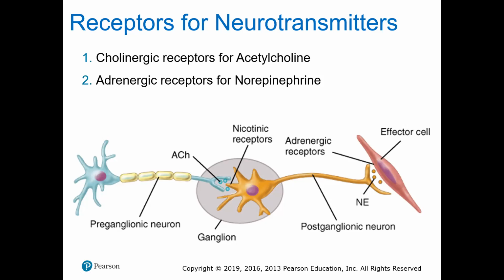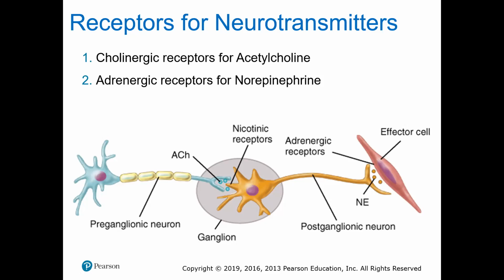Here is an example of a sympathetic response. There's your preganglionic neuron releasing acetylcholine. There are what we call nicotinic receptors on the ganglia. Nicotinic receptors respond to acetylcholine. There are two types of receptors for acetylcholine. Nicotinic is one of them.